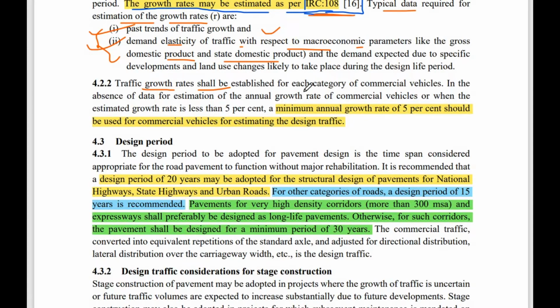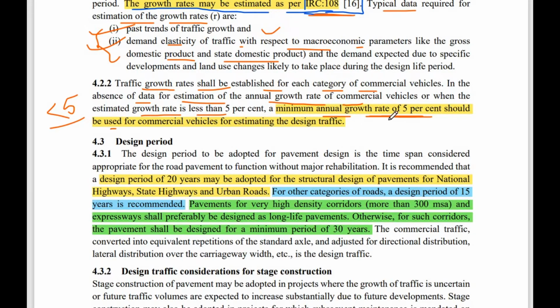Traffic growth rate shall be established for each category of commercial vehicles. In the absence of the data for the estimation of annual growth for the commercial vehicle, or when the estimated growth rate is less than 5%, the minimum annual growth of 5% should be used. So what this point is saying is that if the growth rate of traffic is less than 5% per year, then we must consider the growth rate of 5% for that design.